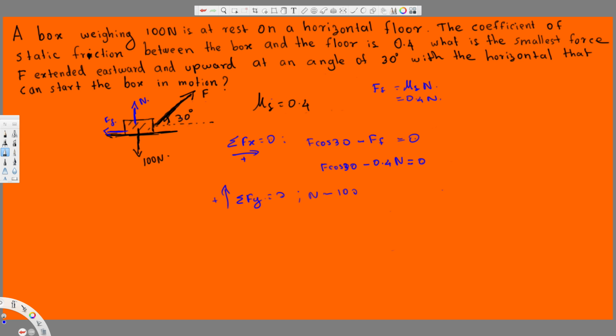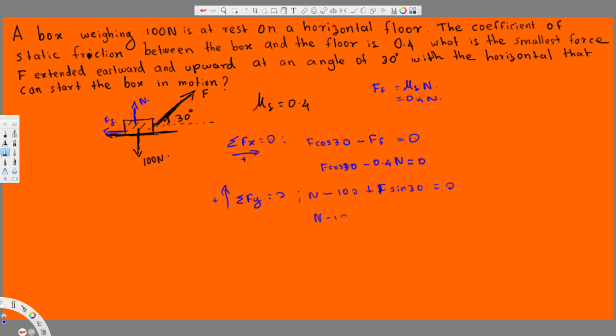And also we are going to have a component of this F in the vertical direction, that's going to be F sin 30, so that's positive. F sin 30 equal to 0. So now our purpose is to find F, so let's see what I can do.